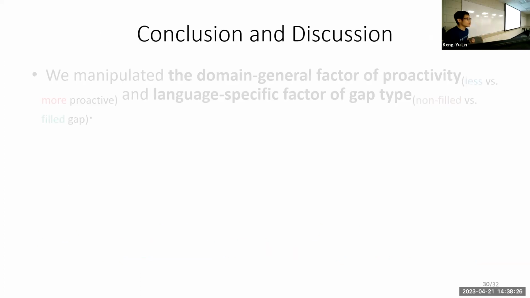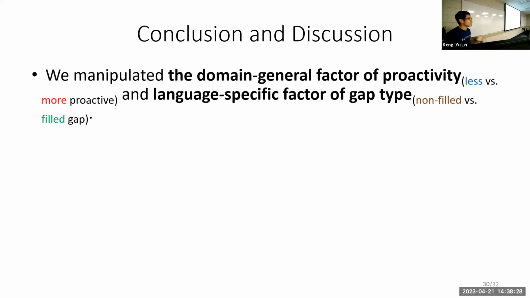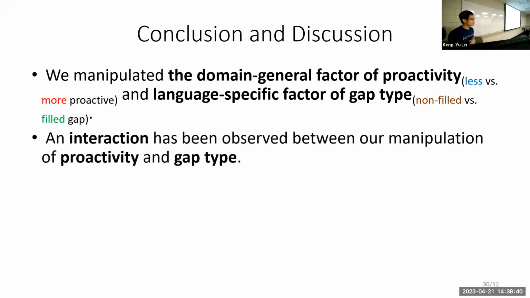So the conclusion of the study is that we manipulated the domain general factor of proactivity, and we also manipulated the language specific factor of gap type, and we looked into the interaction between them. In our result, we found an interaction between our manipulation of proactivity and gap type.